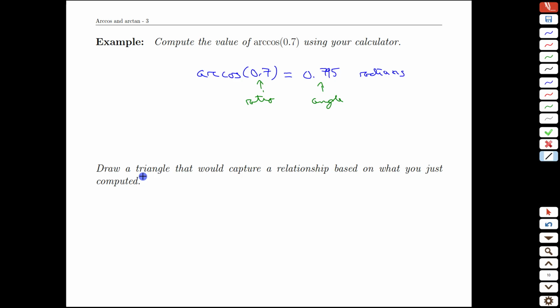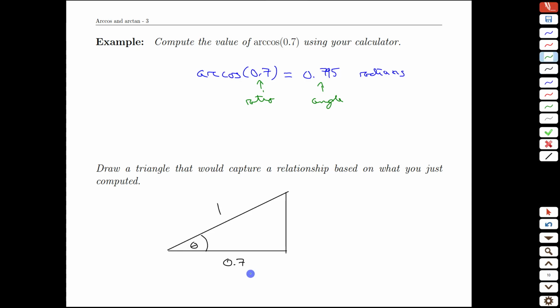Now what we can do is draw a triangle that would capture that relationship in a more visual way. What we can say is we're looking for a ratio of 0.7, and an easy way to do that is we define our adjacent and hypotenuse sides. So let's do that with our angle theta. We're saying the ratio of the adjacent side to the hypotenuse is 0.7 to 1.